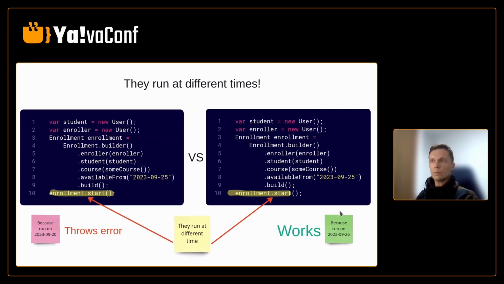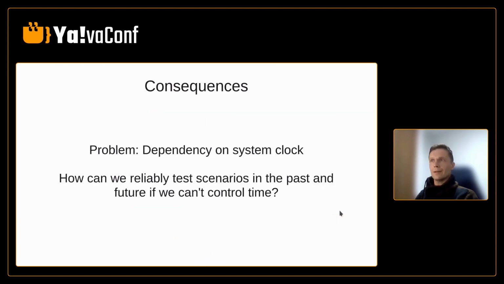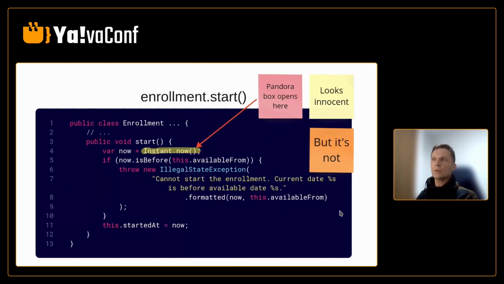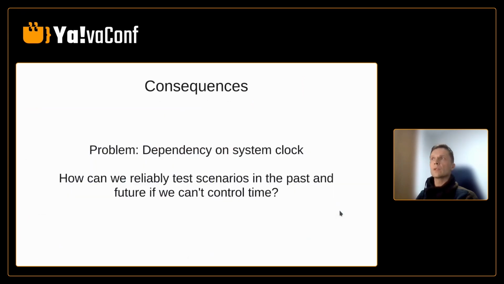That's a difference. So this code that we wrote over here, Instant.now inside our domain objects, has consequences. There is a problem related to this: we have a dependency on the system clock.